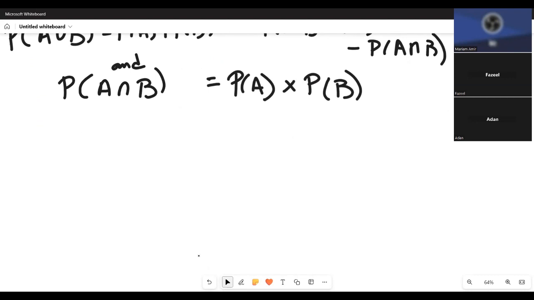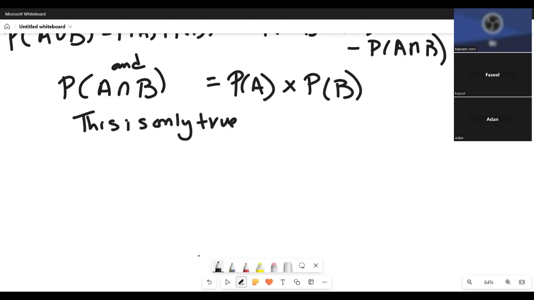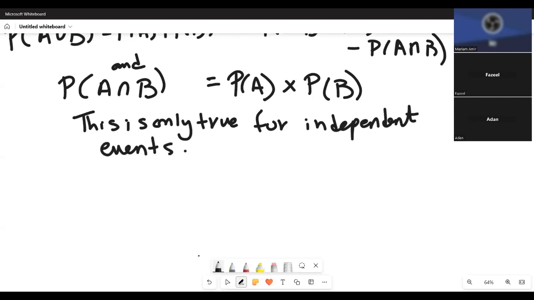But this is only true for independent events. Now, what are independent events?